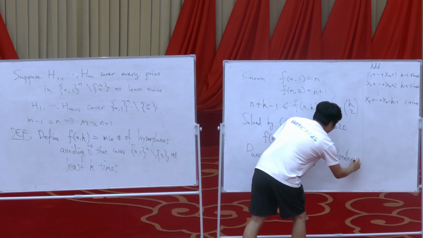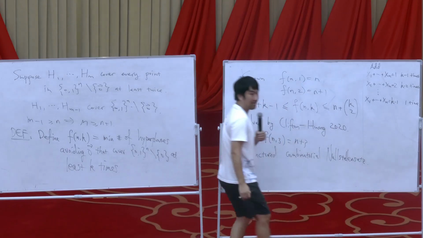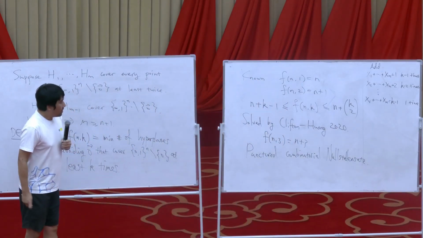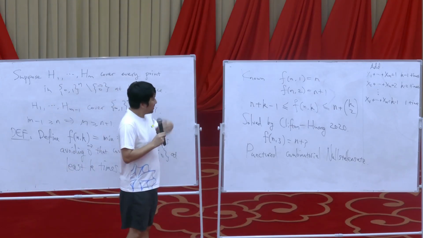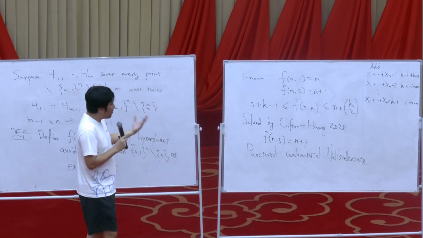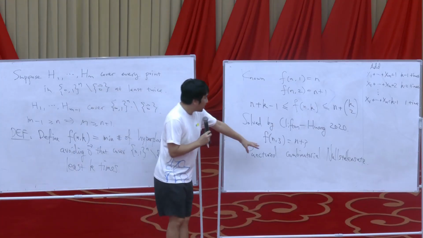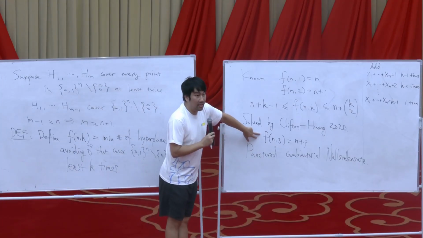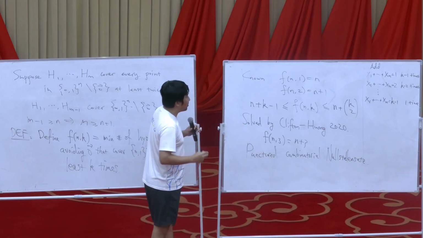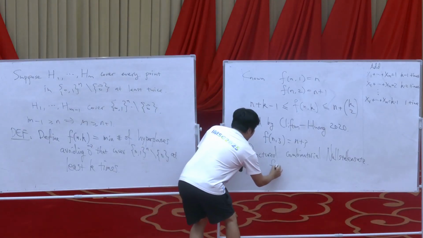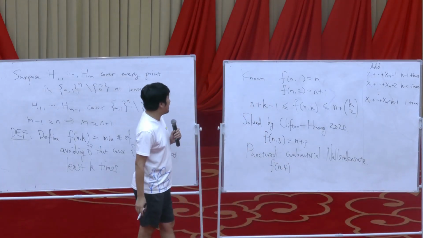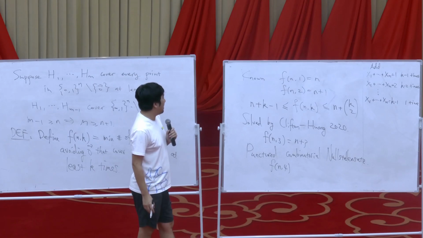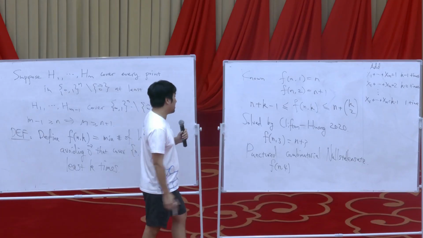I don't know if I spell it correctly, but I'm trying my best. It's a slightly more sophisticated version of combinatorial nullstellensatz that can give you this fn3. So the next open problem is fn4. From this result we know that it's between n plus 3 and n plus 6, and it's still not determined.